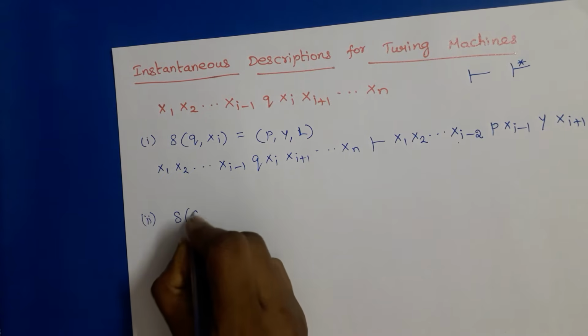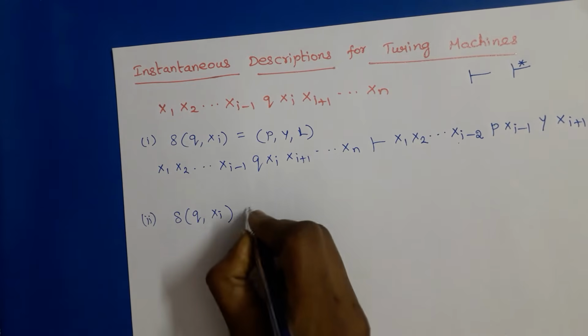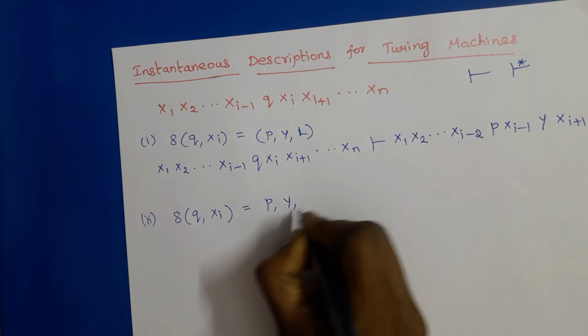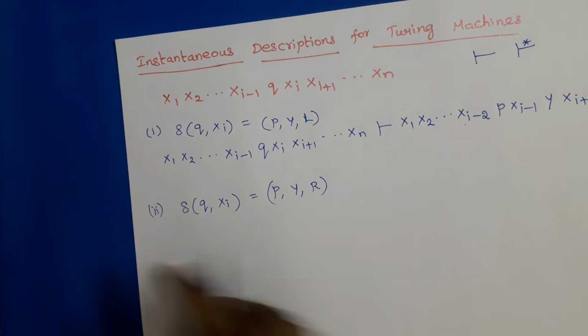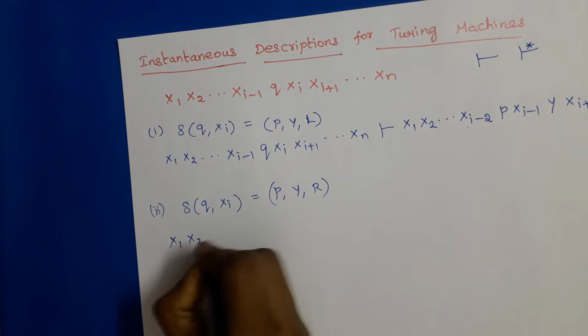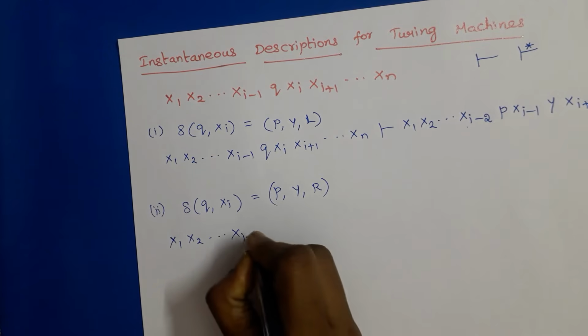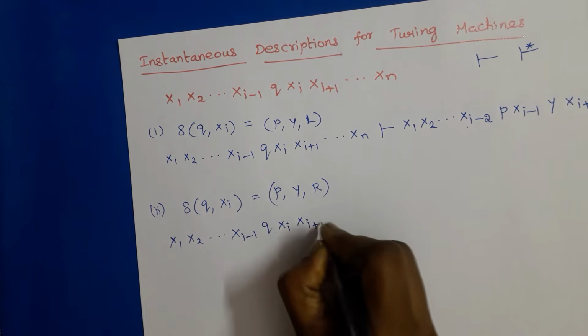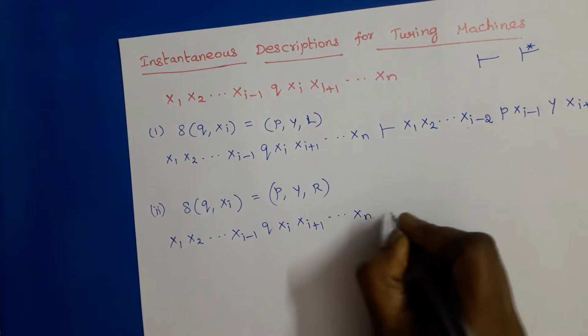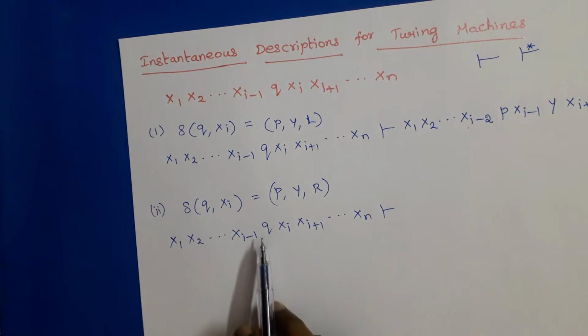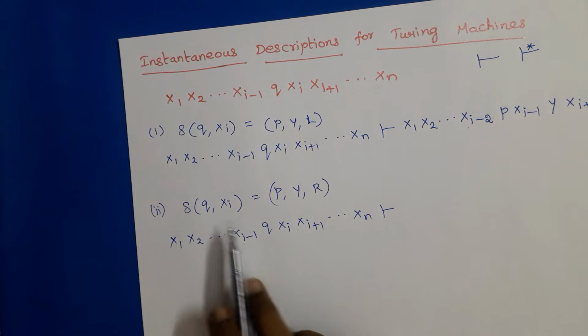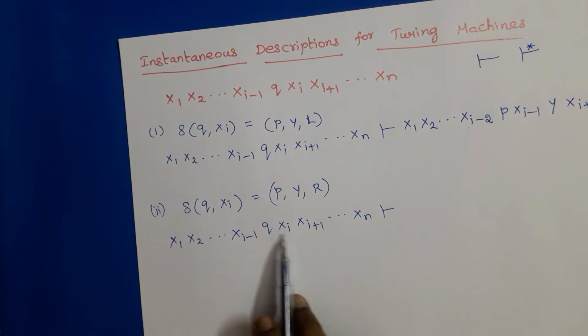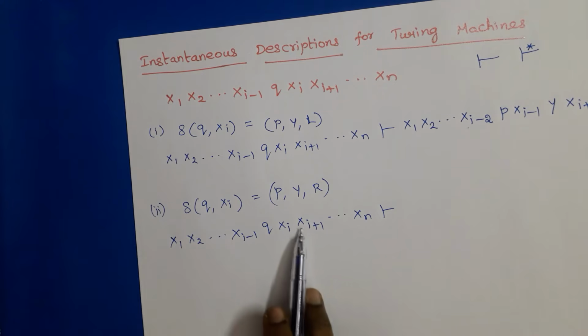So delta of q comma xi is equal to p comma y comma right move. Then x1, x2, dot dot dot up to xi minus 1, q xi, xi plus 1, up to xn. Now the tape head is scanning the ith symbol xi, but right move means it has to scan xi plus 1.